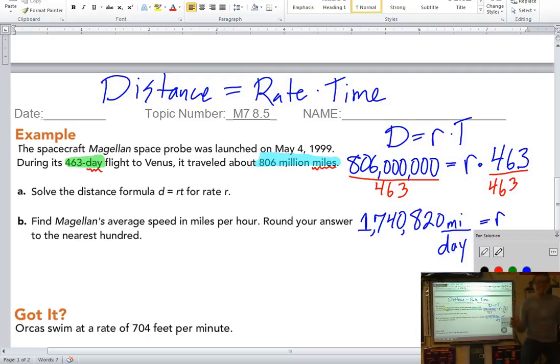Guys, 72,000 miles an hour. You can drive 72 miles an hour on the highway. Multiply that by 1,000. Have a great day. Don't break the speed limit. I don't think even in a Bugatti you can break 72,000 miles per hour.